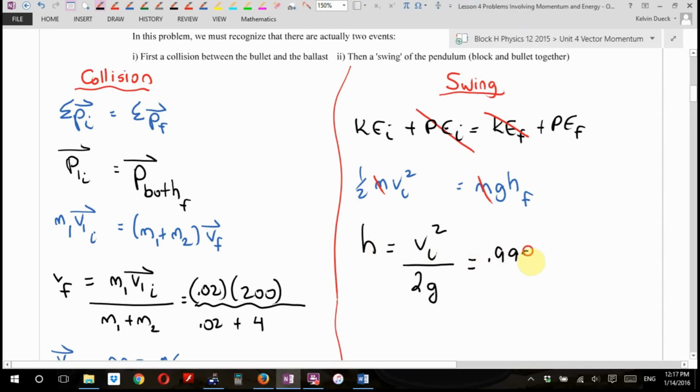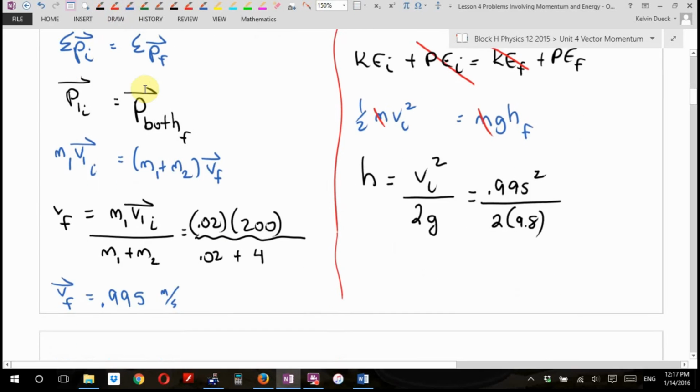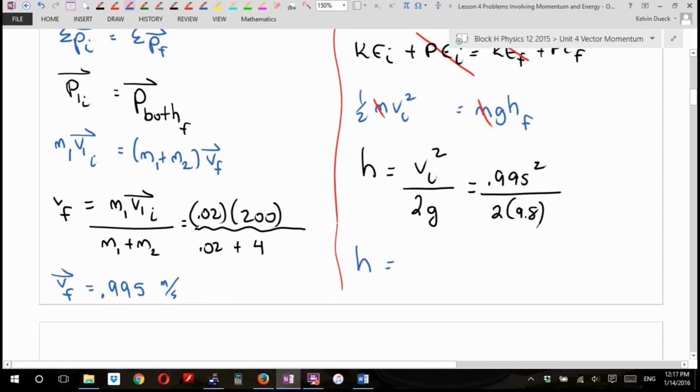0.995. I'm going to use my answer button. Squared divided by 2 times 9.8. What happened to the 1/2? Great question, Manny. I just made it a 2 on the bottom. Same thing, and it looks prettier to me. I don't like having a decimal inside of a fraction, but that's just me being me.